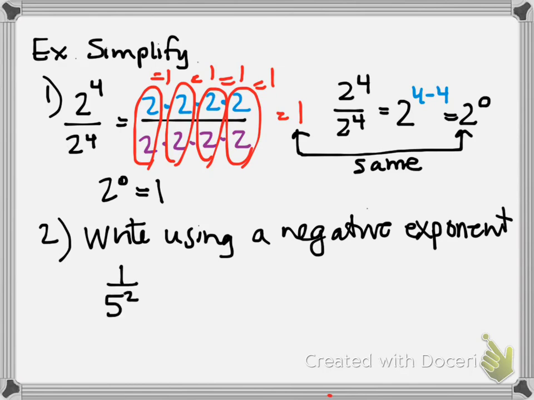If your question is 1 over 5 squared, how are you going to rewrite that problem and put a negative in the exponent? I'm sorry, Jacob, did I say pack up and leave? No. So what's the answer to this problem? Careful. 5 to the negative second power. The sign has to change if I shift the location. Okay, this was kind of a weird direction that wanted you to write it with a negative exponent. If we go with a positive exponent, it's going to go the other direction.